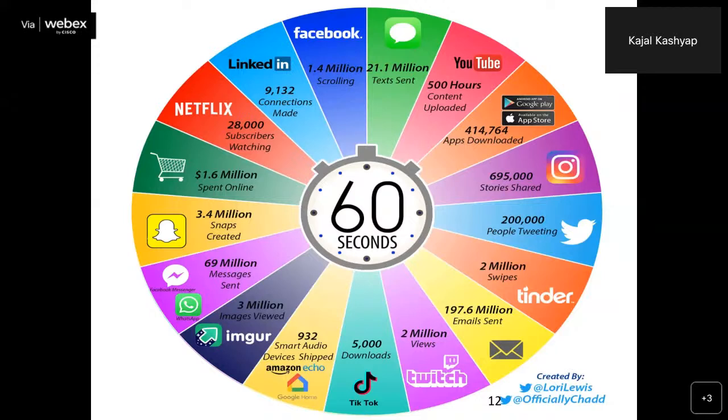There we have 28,000 subscribers watching in just 60 seconds, and 3.4 million snaps created. There is one application we call Snapchat, where 3.4 million snaps are created in just 1 minute, and the data is actually in millions and billions in just 60 seconds. So this is just to give you an idea that so many people are using the internet. These numbers are only for 60 seconds, so what about other times? This is just the numbers related to social media.